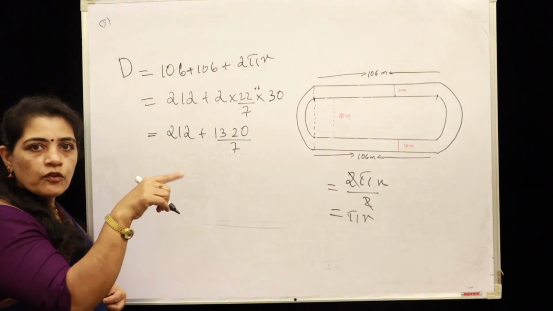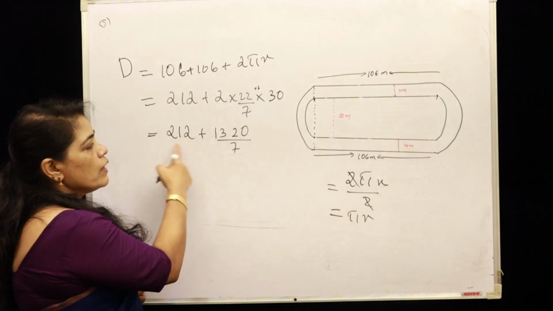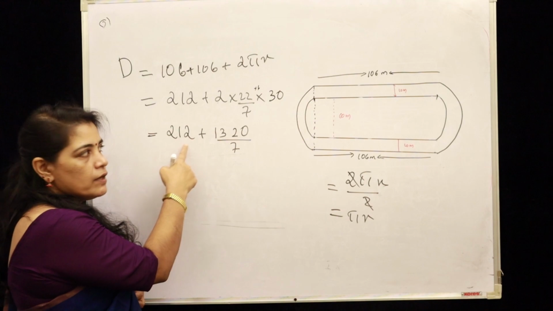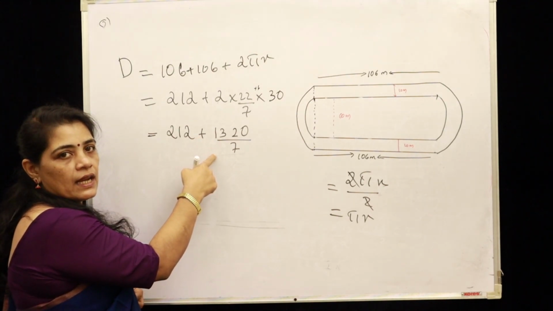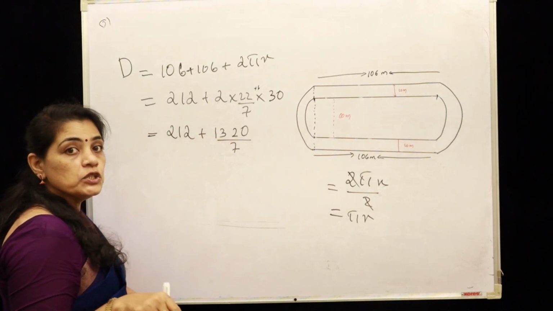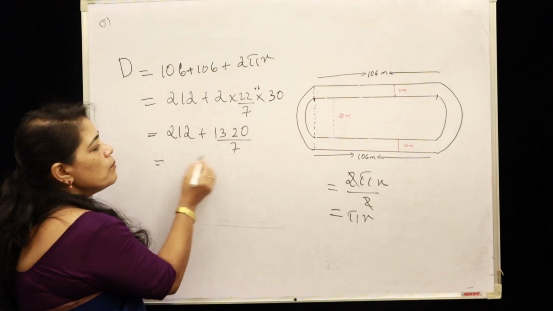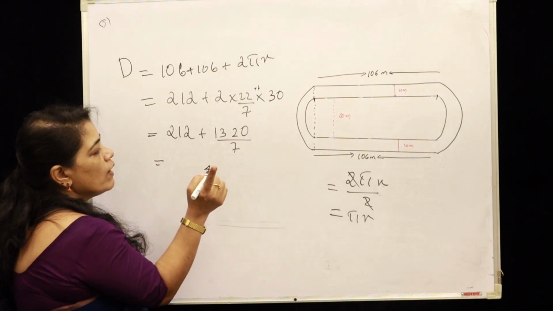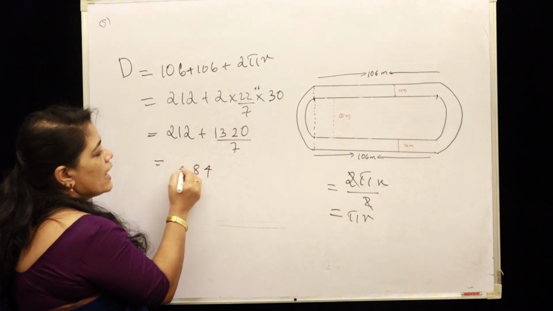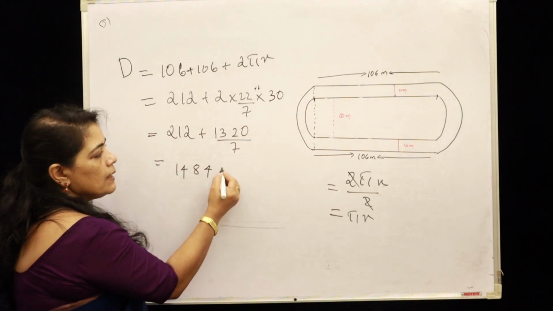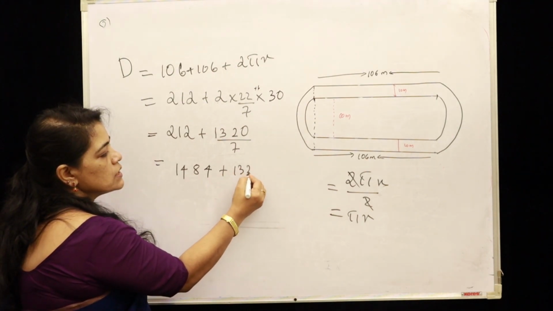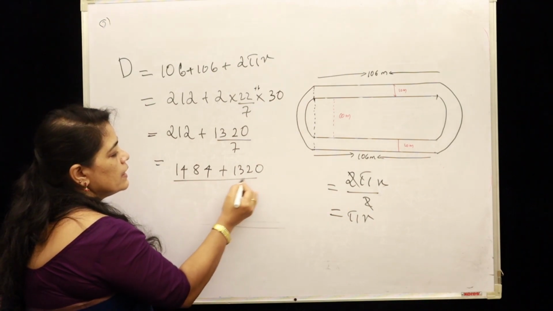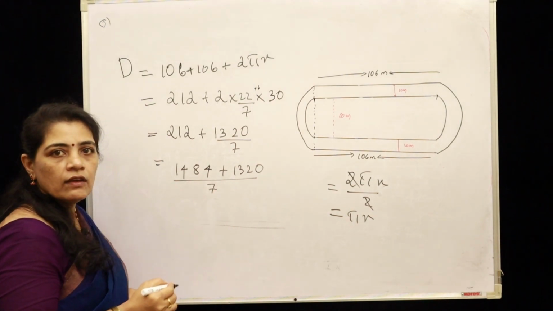This 7 is only for the second term. So you have to cross multiply because the terms are connected by a plus sign, otherwise you can reduce. If it is connected by into, you can reduce. So multiply 212 by 7, that is 1484, plus 1320, whole divided by 7.